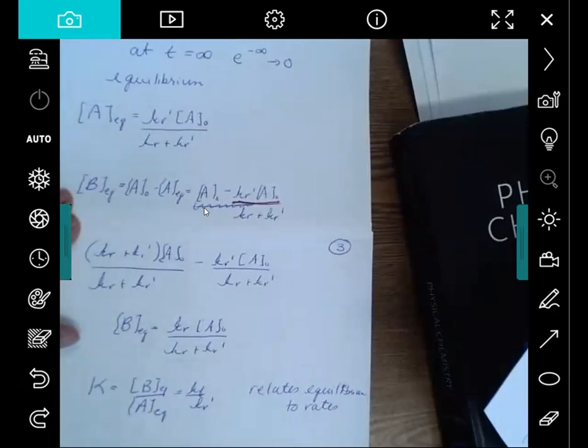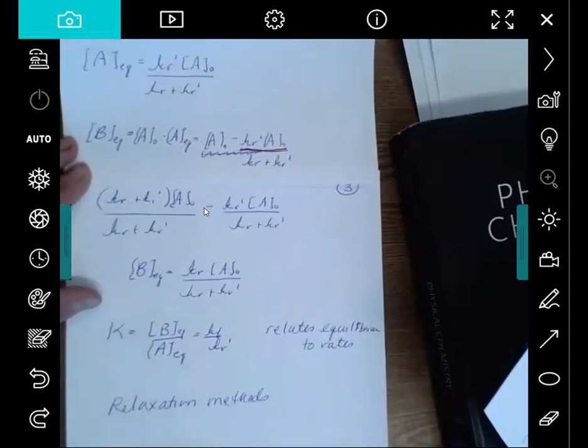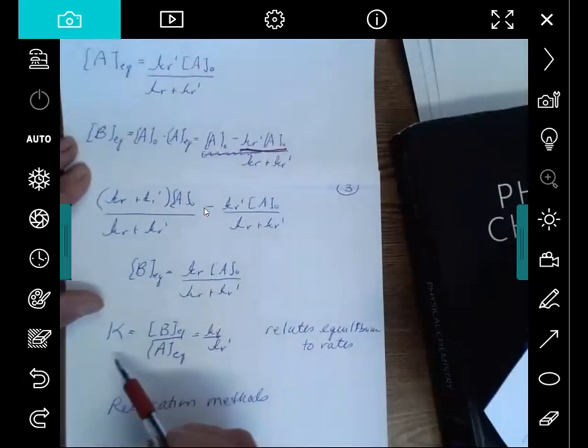So you can also take advantage of this fact that the rate constants are related to the equilibrium constant. And your book talks about some methods called relaxation methods, where you allow a system to come to equilibrium. And then clearly the rate constants are going to determine how quickly you get to equilibrium again.